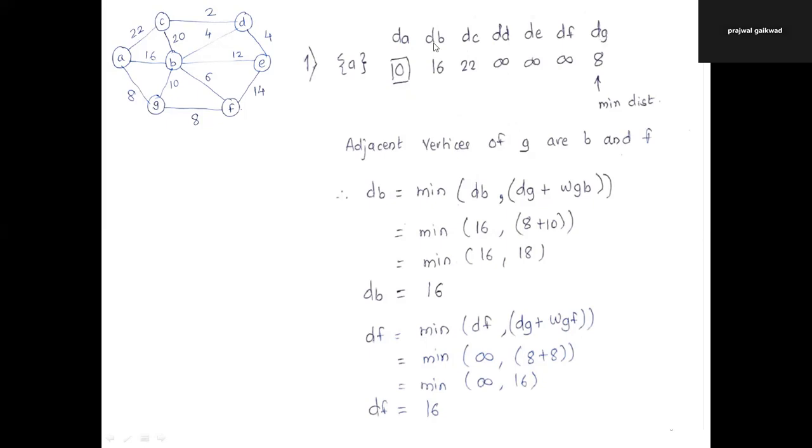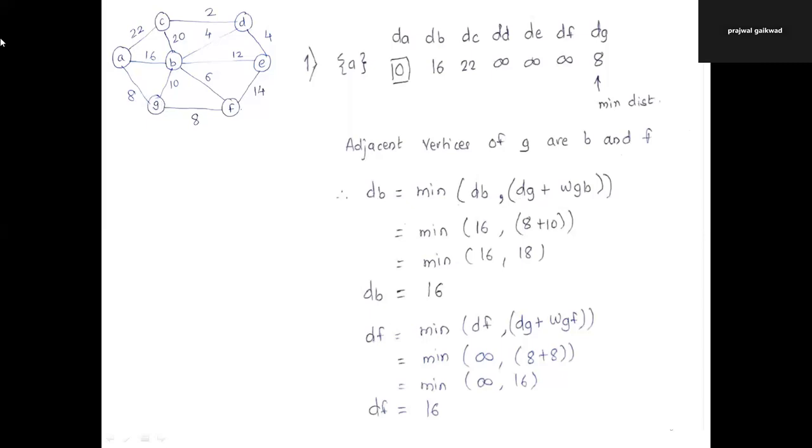Now when I want to calculate the minimum distance to reach, suppose, B, so dB, whatever connected nodes there are, this is the formula for the minimum distance of dB. That means there is a direct edge, and there are other connected nodes.